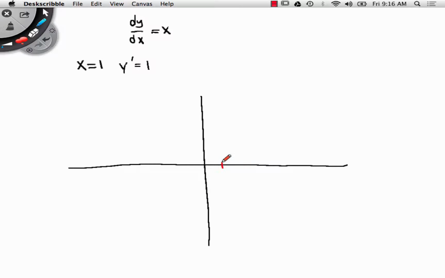So at 1, the slope of the tangent line is 1. Now, here's the thing. I don't know what the c is, the constant of integration. So it could be here on the x-axis, but it could also be above. It could be any of these right here. Or below.